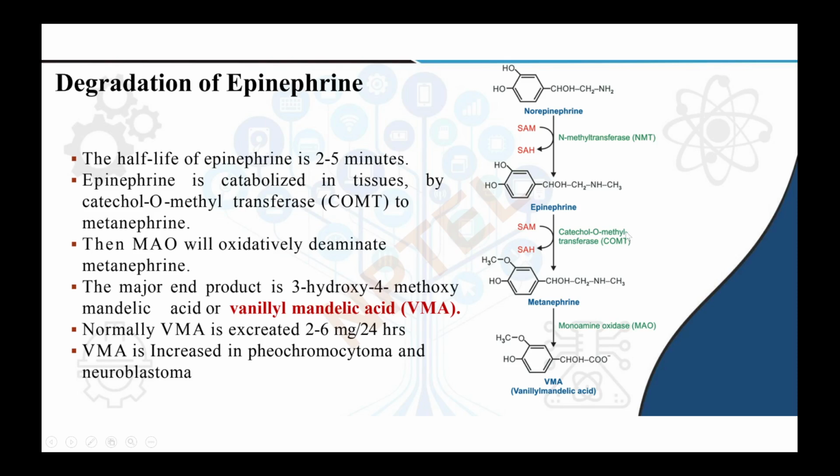that is catechol O-methyl transferase. This is the catechol, so two OH in the phenyl ring. This forms the catecholic group, and in one of the hydroxyl groups of the catechol, the methyl group is transferred.